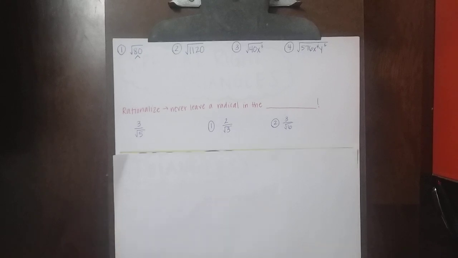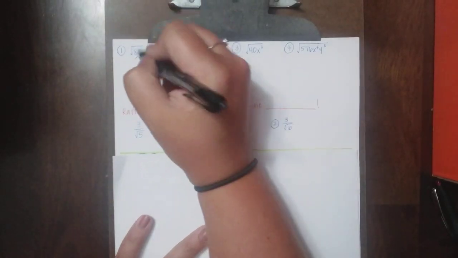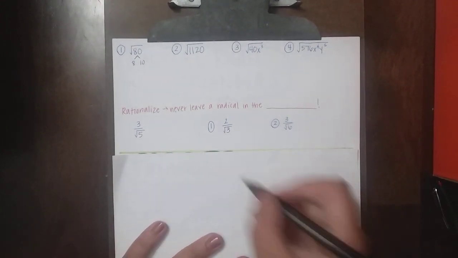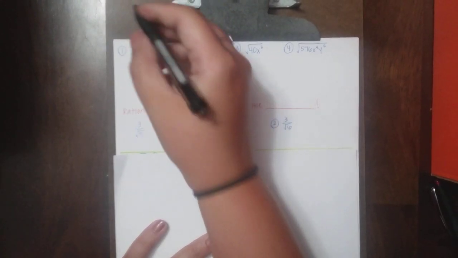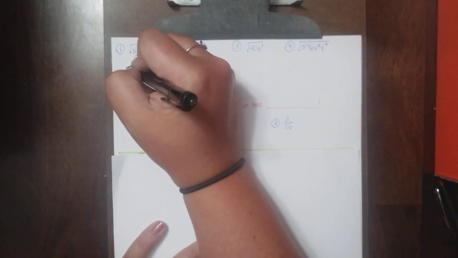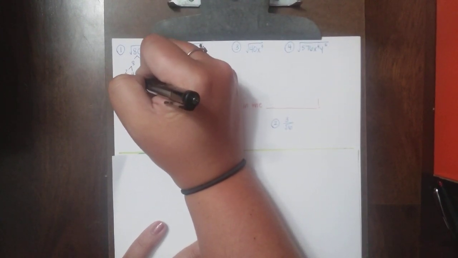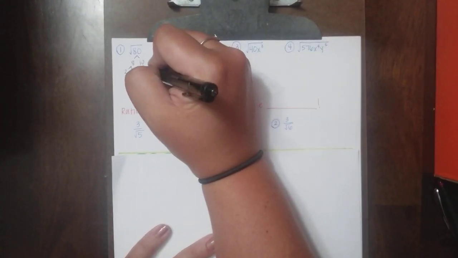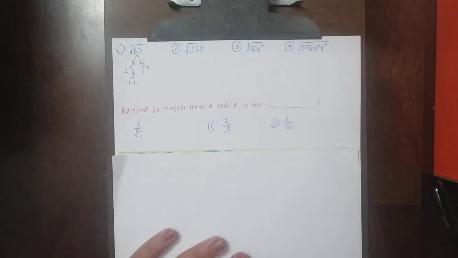We have several different options. I'm going to pick 8 and 10, just because that's what first came to my mind. Neither one of those is prime, so I can rewrite those. 8 I can rewrite as 2 times 4, just like we did, and then I can break 4 down to 2 times 2. 10 is 2 times 5.